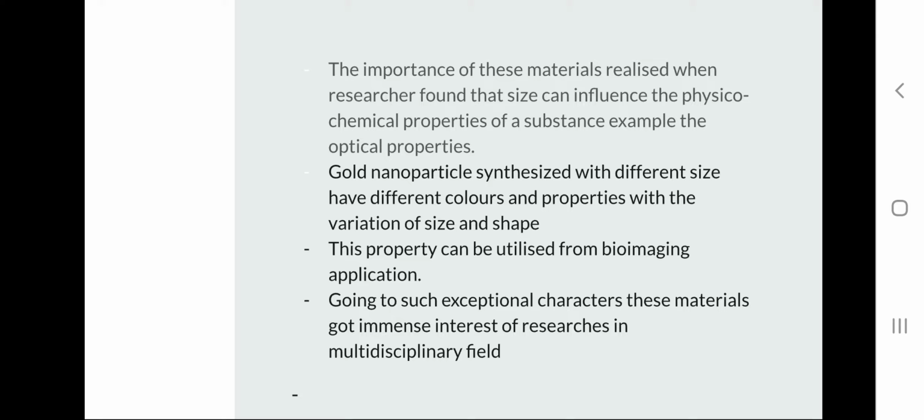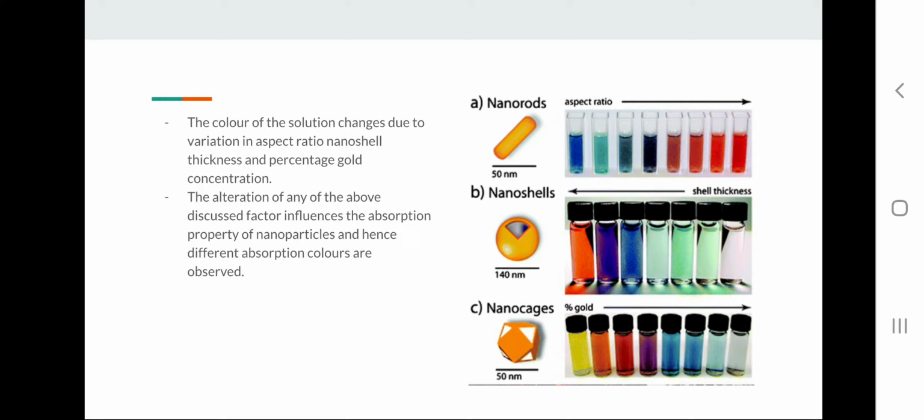And due to this character, the field of nanotechnology has got immense interest of researchers in multidisciplinary fields. So let's look at an example of gold. All 3 diagrams, all 3 figures are showing gold nanoparticles of various shape and size.